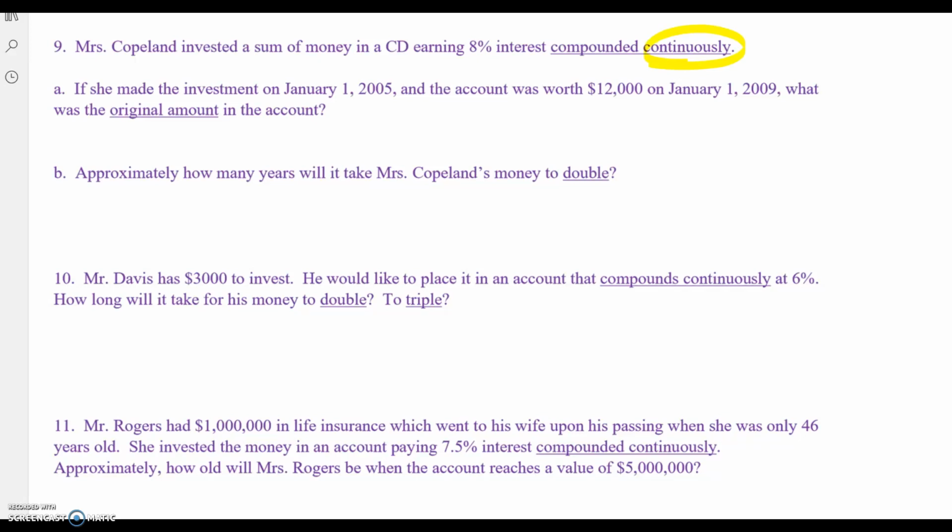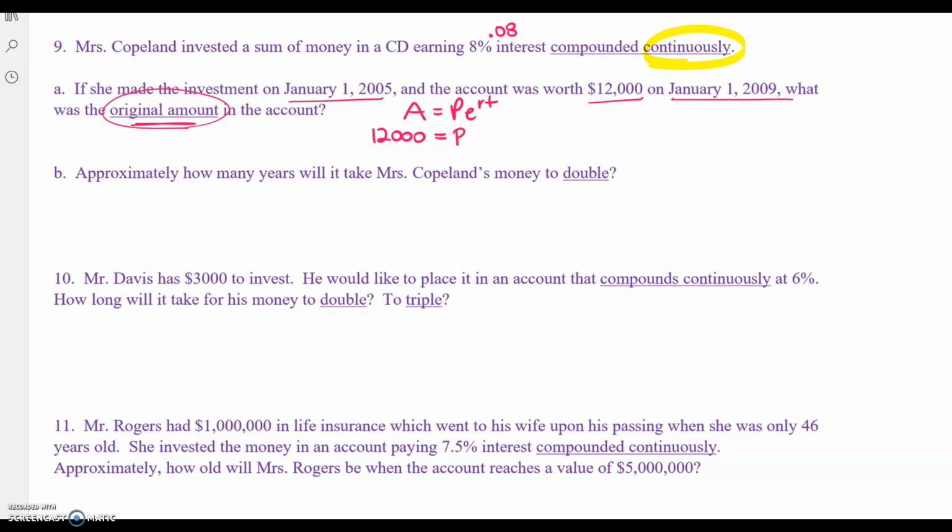If she made the investment on January 1st, 2005, and the account was worth $12,000 on January 1st, 2009, what was the original amount in the account? So if we're going to use our PERT formula, and for 8% interest, remember you want to use 0.08 for your R. My final amount that I'm interested in is $12,000, and my starting amount is what I need to find.